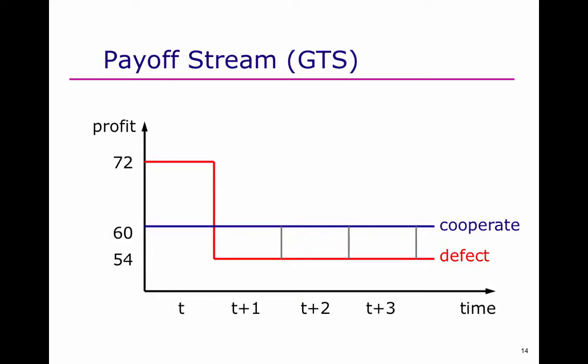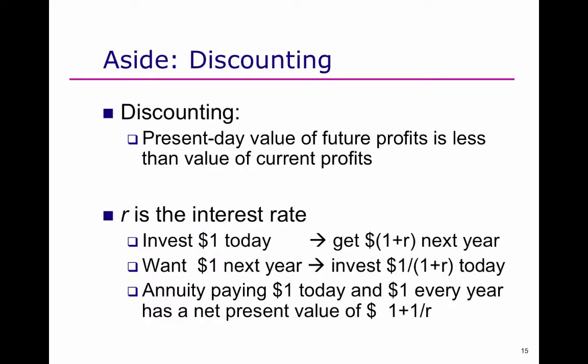So in the Grim trigger, I have sustained losses in the future periods, but those are going to be discounted. So I want to think about how much I'll profit right now from defection. How does that line up with the losses going forward in time periods t plus 1 and the following? Recall from finance and accounting that future monies should be discounted due to the time value of money.